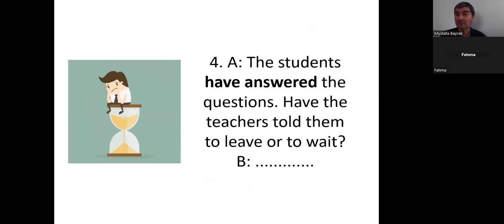They are very happy. They are still very happy. Have the teachers told them to leave or to wait? The teachers have told them, either one is fine, to leave, or to wait and to see the result, the score.